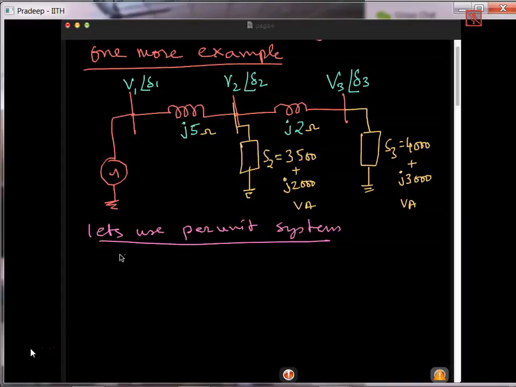Okay, so S base is 10,000 VA and V base, let's say, is 1000 volts. So here V1 delta 1 is 1000.